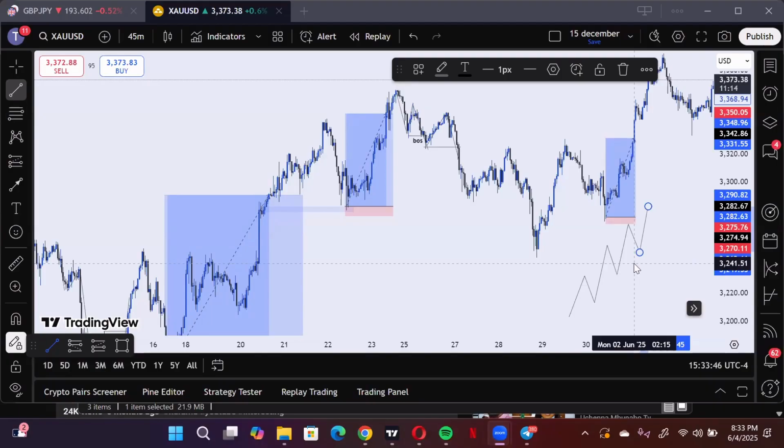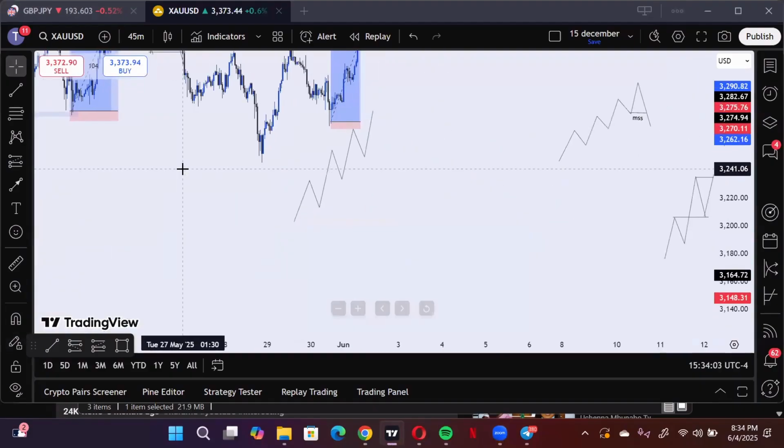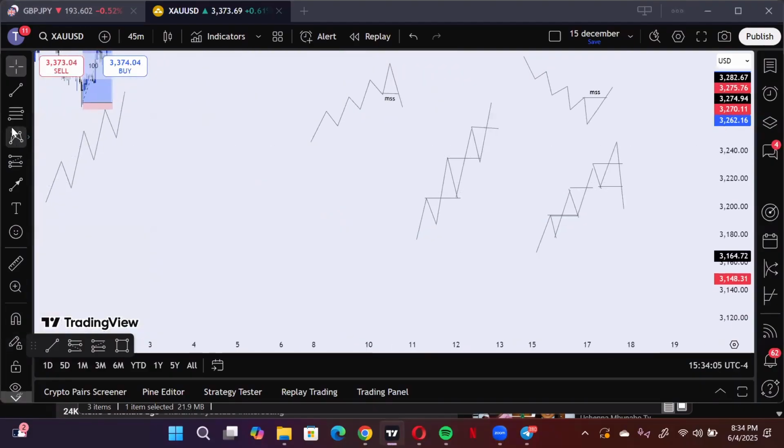Then there's what we call a double break of structure. A double break of structure is where market takes out two consecutive zones. What I mean by two consecutive zones is there can be a previously existing resistance or a previously existing support. Let's say, for example, now, you know, there are always lows and highs in the market.